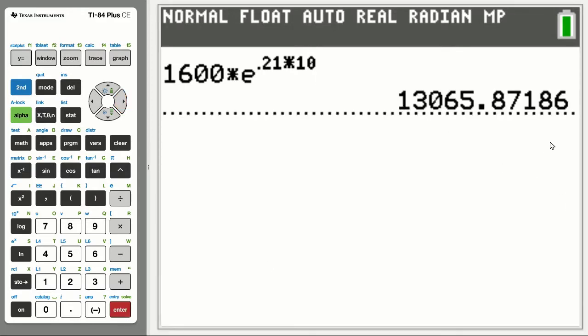All right, this is the final value: 13,065.87. This is a bacteria count, a number of actual bacteria, so it's best that we round to the nearest integer.